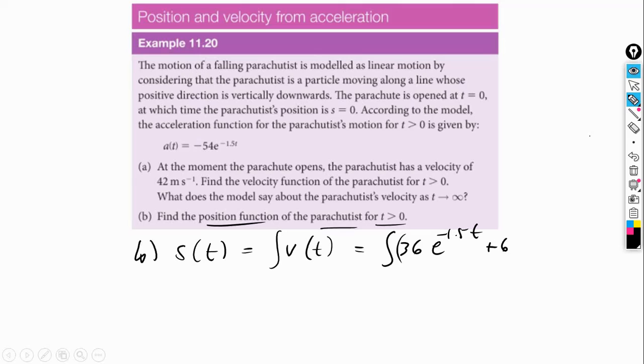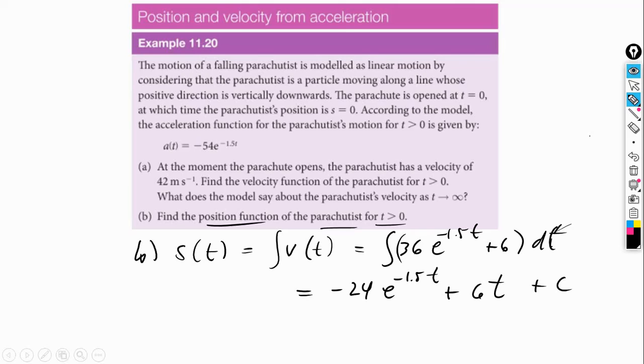So we have to integrate this in terms of time. So this is going to be, if you do the math, minus 24 e to the power of minus 1.5t, and this plus 6t, and plus a constant.